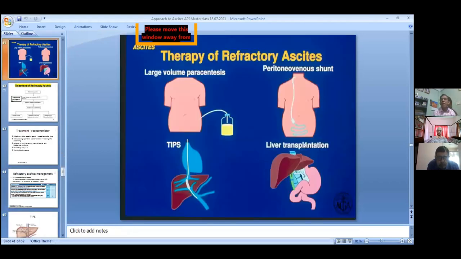So therapy for refractory ascites is large volume paracentesis with albumin. Alternative therapy is the TIPS, that is transjugular intrahepatic portosystemic shunt, or rarely there may be some role of peritoneovenous shunt. It is almost not done nowadays. And finally, liver transplantation.